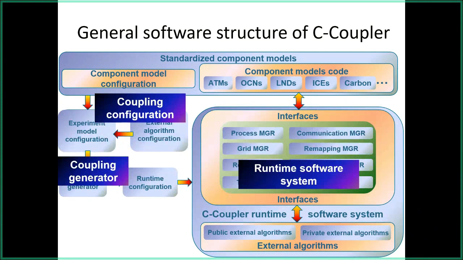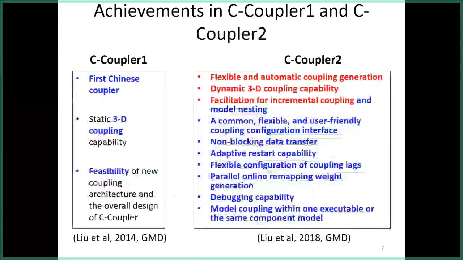It consists of a configuration system, a coupling generator, and a runtime software system with various functionalities and frameworks. This software structure is similar to a computer system with a computing language, a compiler, and a processor. So we try to make C coupler as flexible as possible.